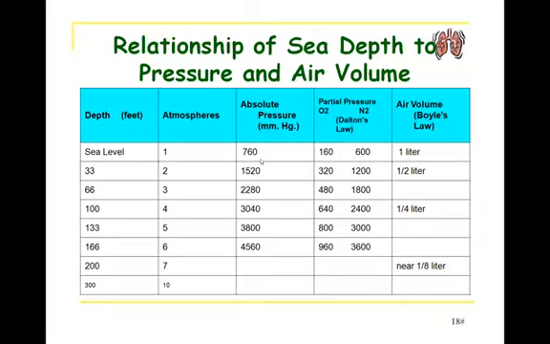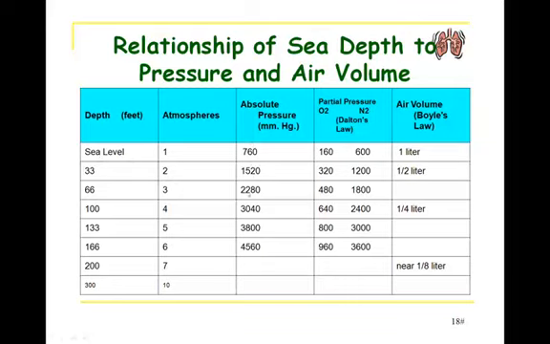Now when you go under the water, you have the weight of the air on top of the water plus the weight of the water itself. And it so happens that every 33 feet that you descend, you increase pressure by 1 atmosphere. And it's linear. So 760 to 1520, that's doubled.